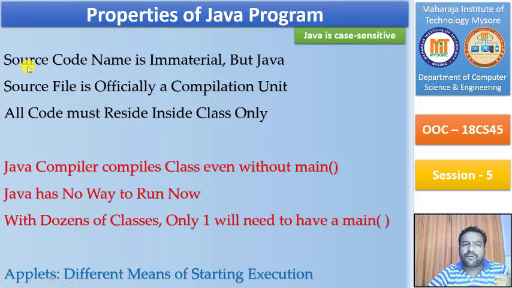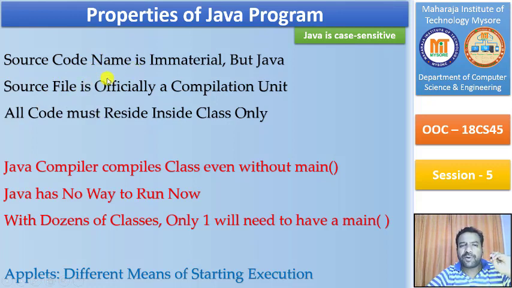The first property says source code name is immaterial for all the other programming languages. But for Java, it is not a coincidence. It should be syntactically connected. Hence, it is strongly material for the Java program to have a correct Java file name.